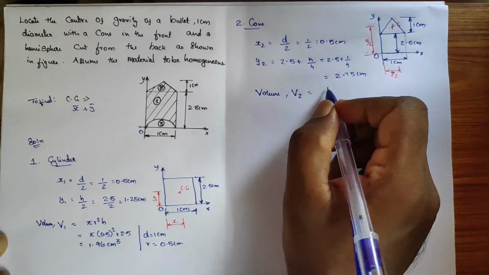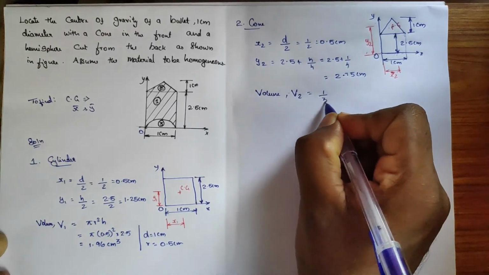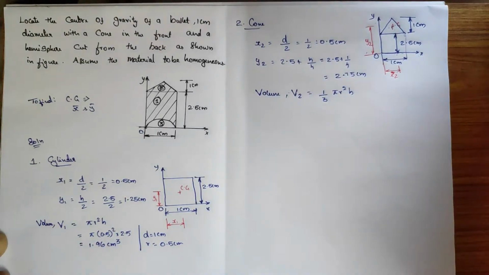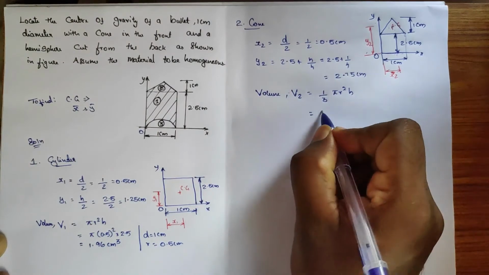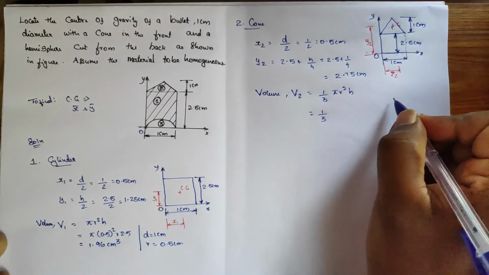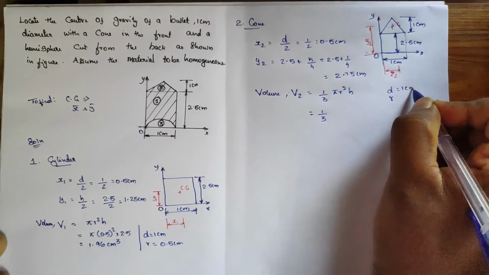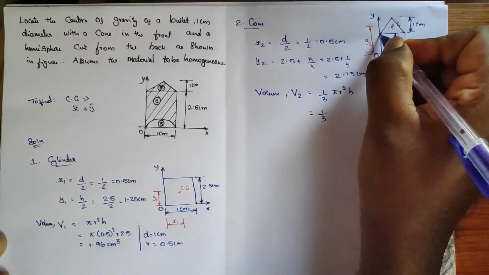So here the volume of cone is 1 by 3 pi r square into h. If you put the value here as well, the diameter is 1 centimeter. It is the diameter, okay.